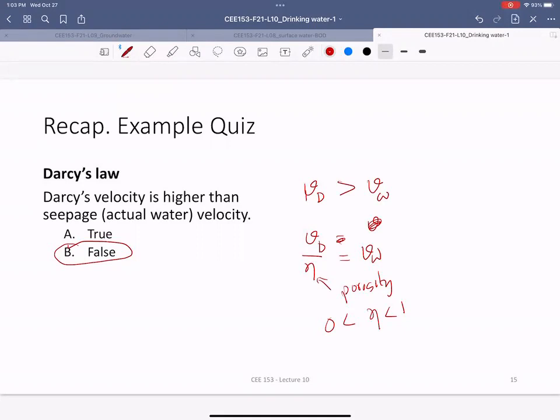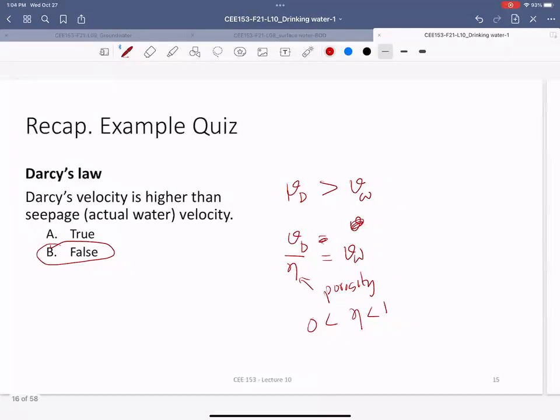Not the entire soil will be porous. So 10%, 30%, 50% of the soil will be porous. The porosity is less than 1. So that means Darcy's velocity is only a certain fraction of the velocity of water, or the water velocity is much higher than Darcy's velocity.